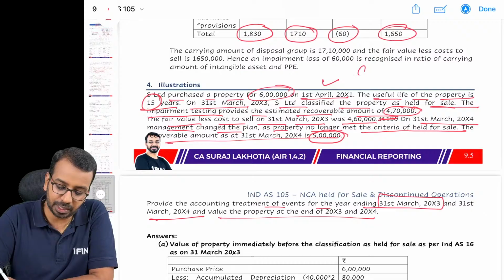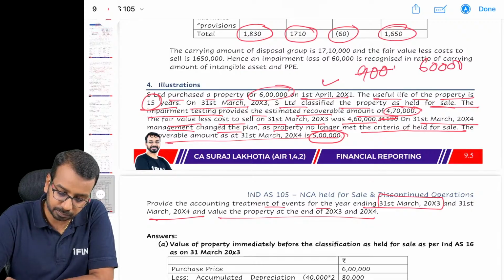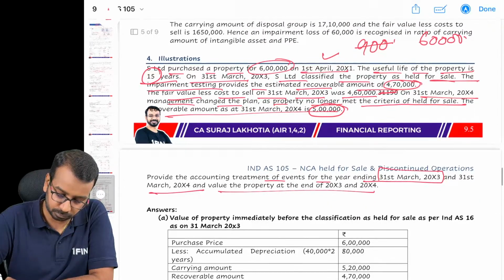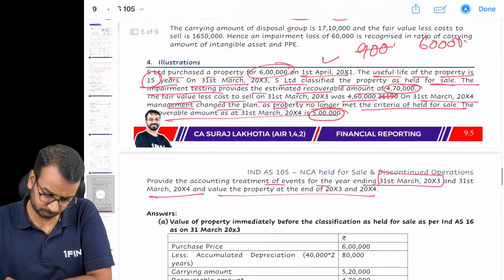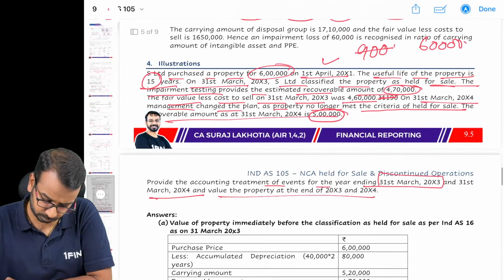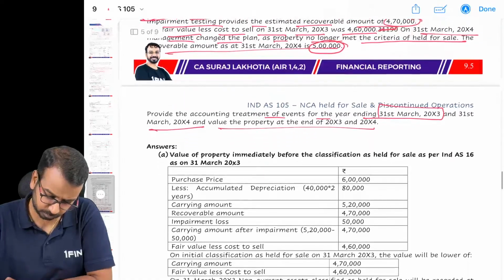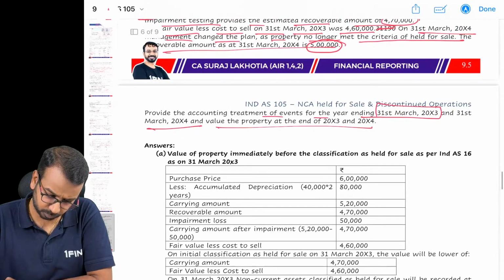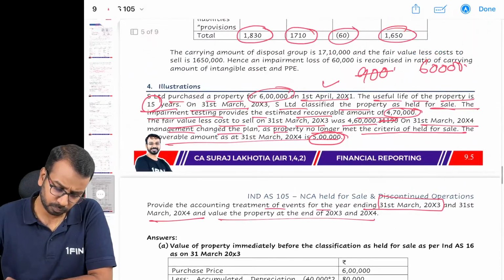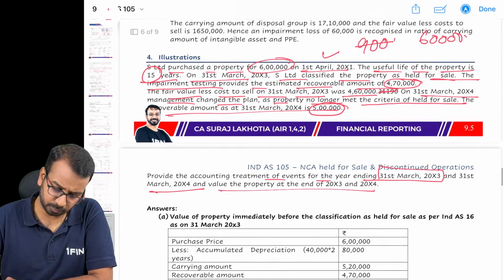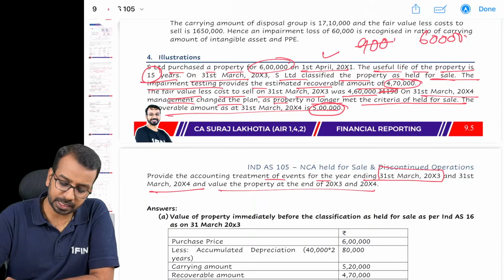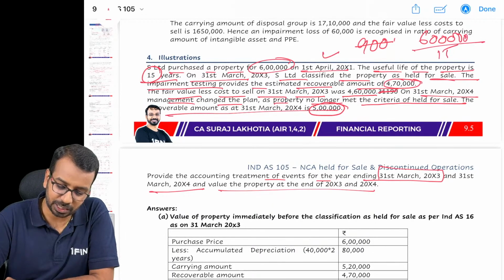Okay. So every year depreciation is 6 lakhs... I wrote 60,000, so I was confused. 6 lakhs divided by 15.